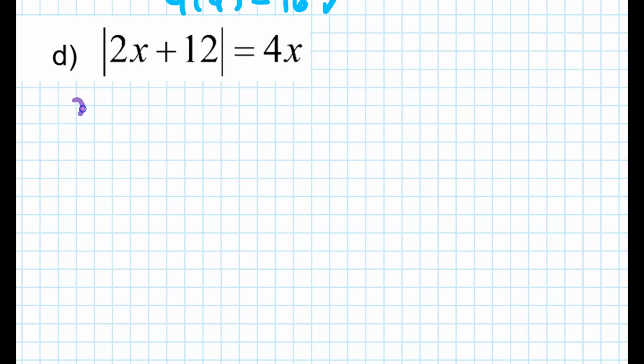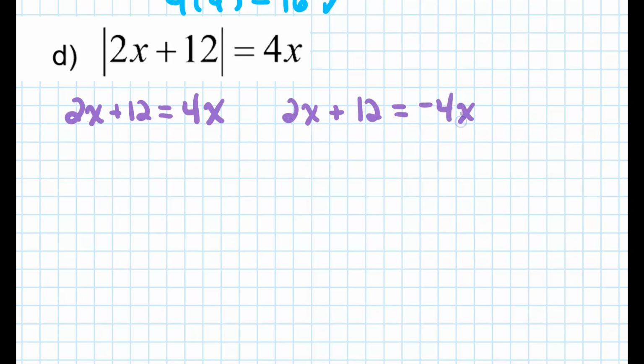So we just start with the 2x plus 12 equal to 4x. And then what will my other equation be? Equals negative 4x. 2x plus 12 equals negative 4x. All right, so again, we're just going to solve both of those individually.